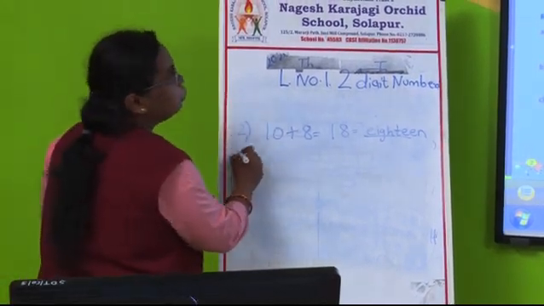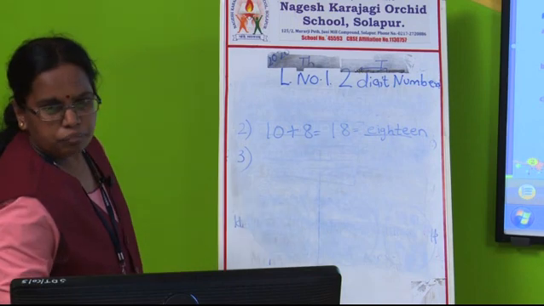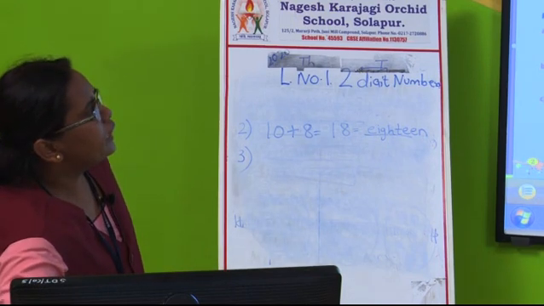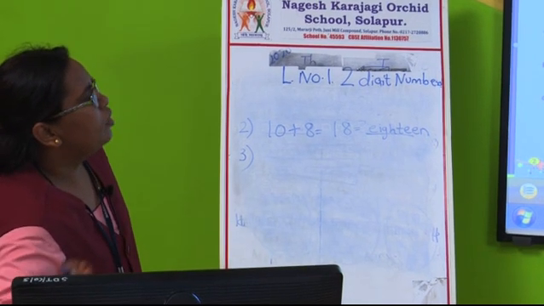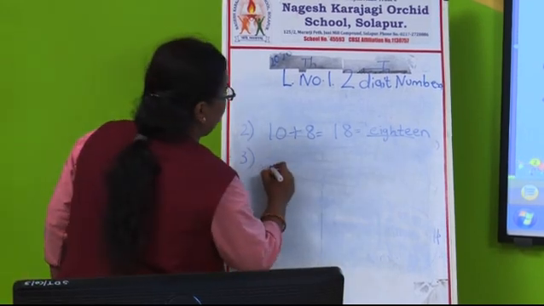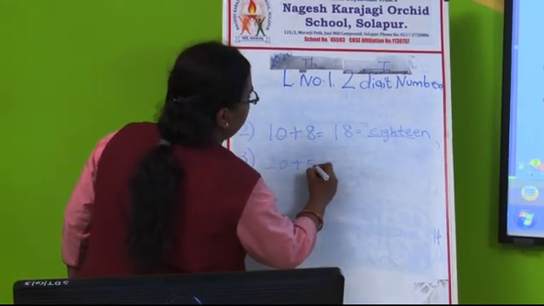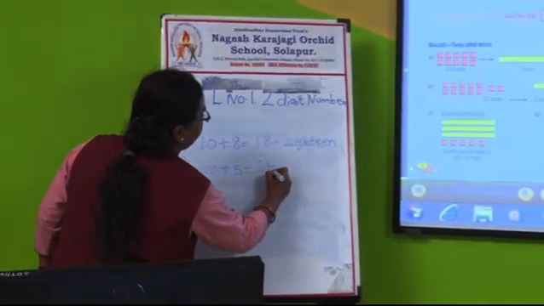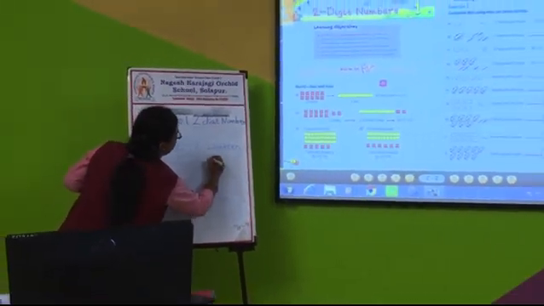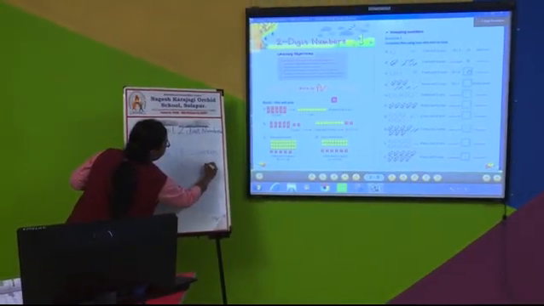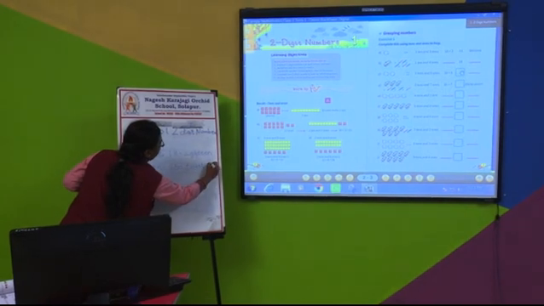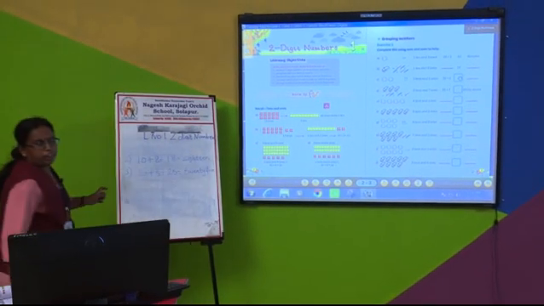Then third example, that is, third one is 2 tens and 5 ones, that is 20 plus 5 is equal to 25. So, spelling 25. In this way, you are going to solve.